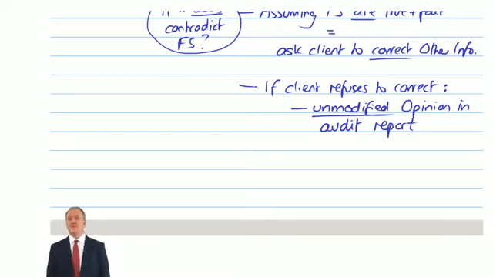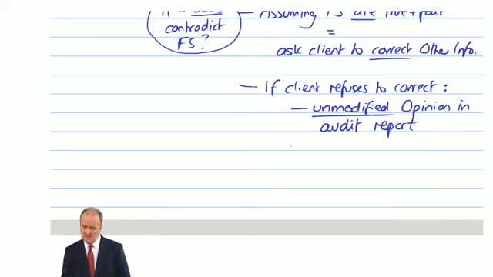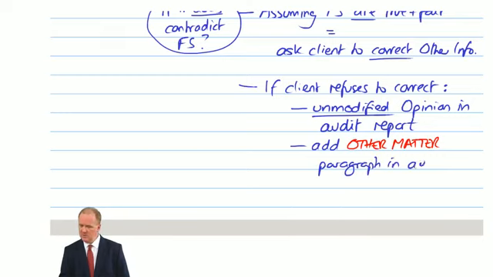And 1 of those 3 paragraphs will be required here. Because what we're going to do is add what is known as an other matter paragraph in the audit report, to tell the shareholders about the contradiction.